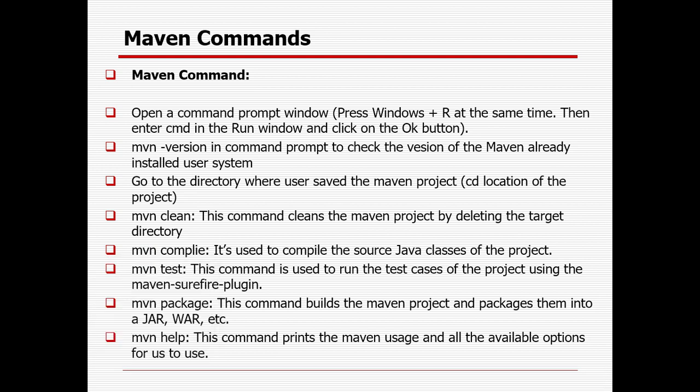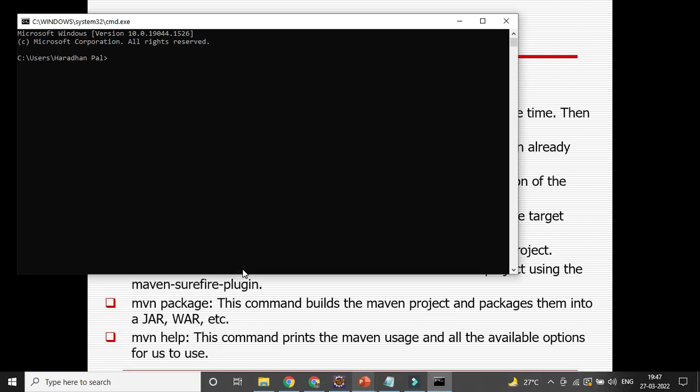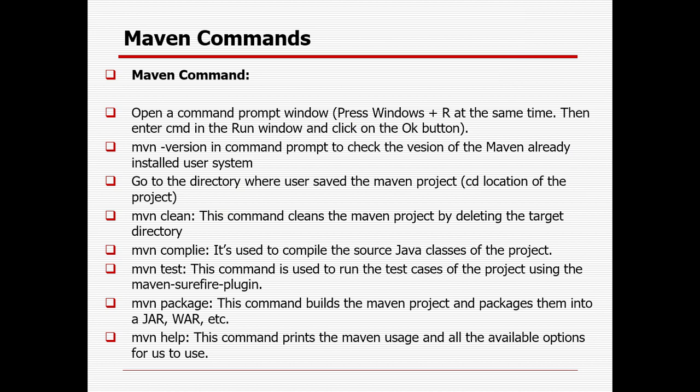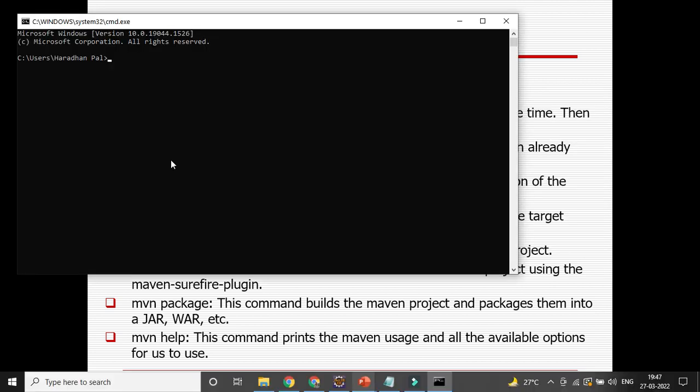It will open the command prompt, through which we can run all the commands, or you can check the version of Maven that has been installed. If you just write mvn hyphen version, it will give you the version and the path, which is the reason you need to add the Maven home and the path variable.